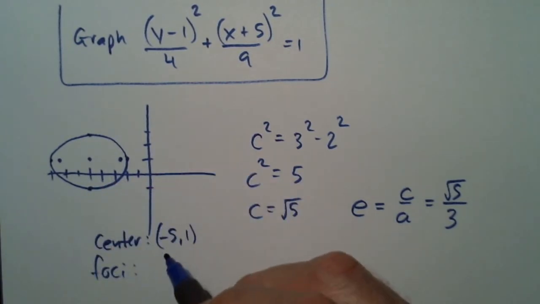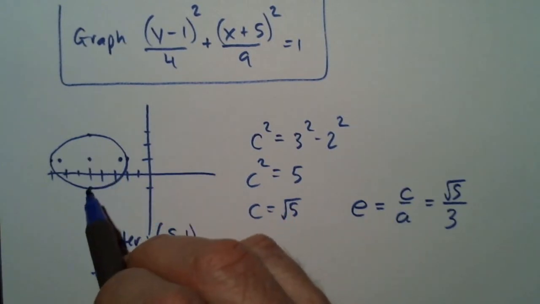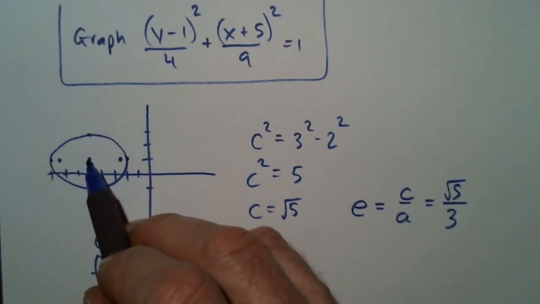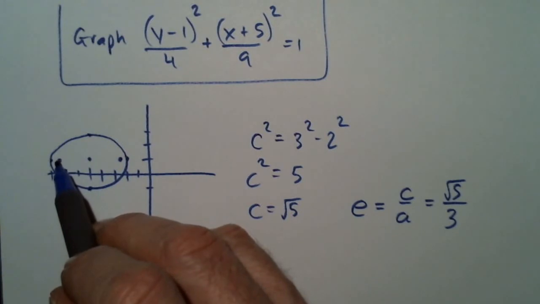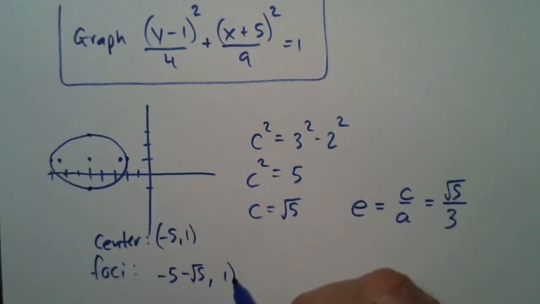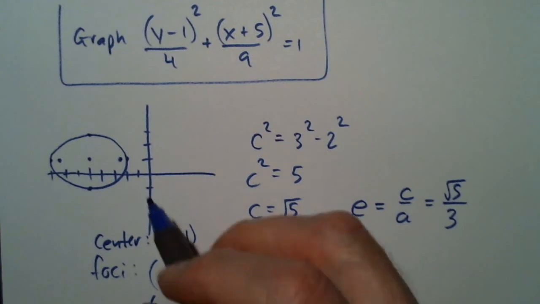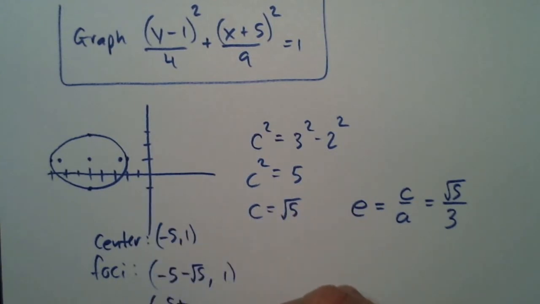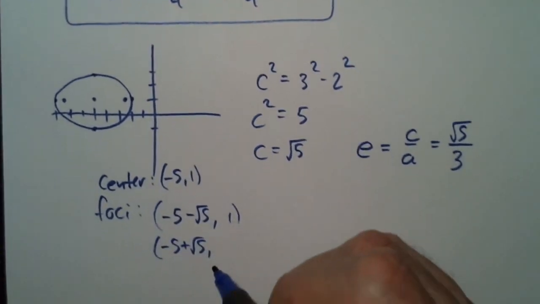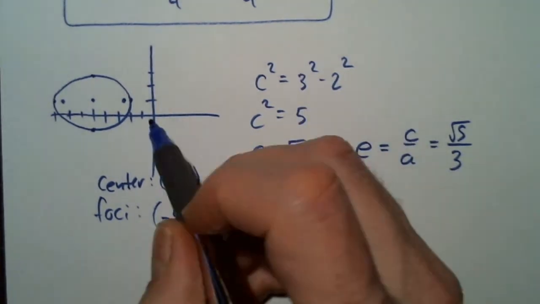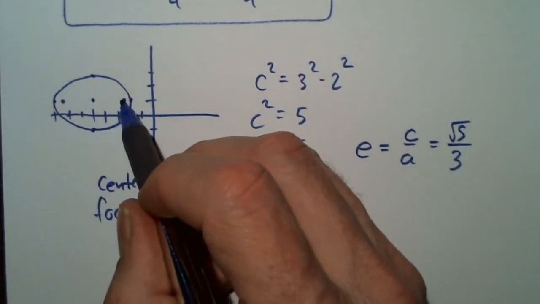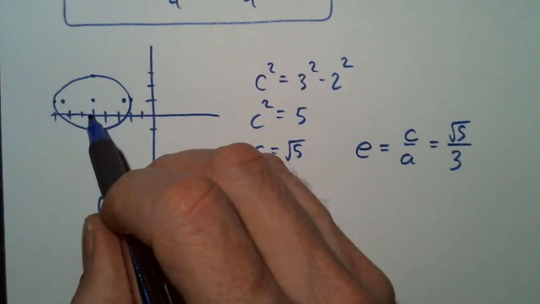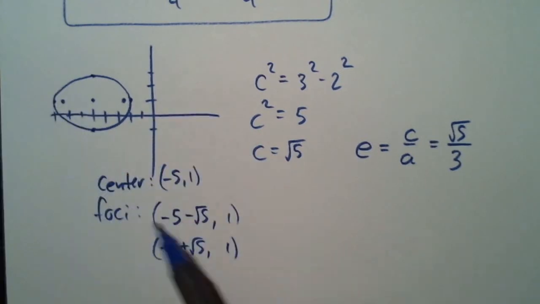But the foci, we could write them like this: negative 5 minus radical 5, up 1, and negative 5 plus radical 5, up 1. So negative 5 plus radical 5 takes us to that focus, and negative 5 minus radical 5 takes us to that focus.